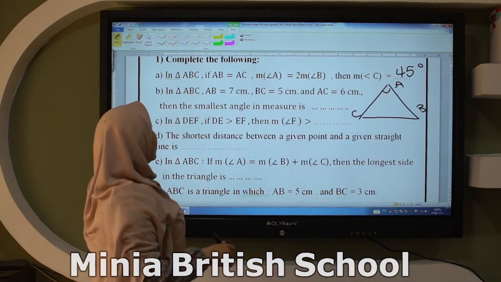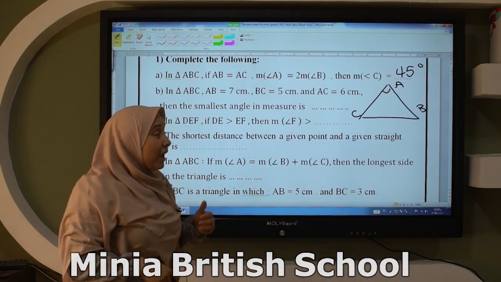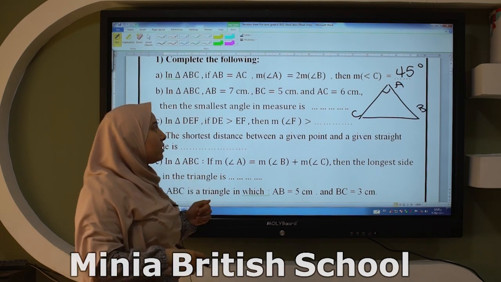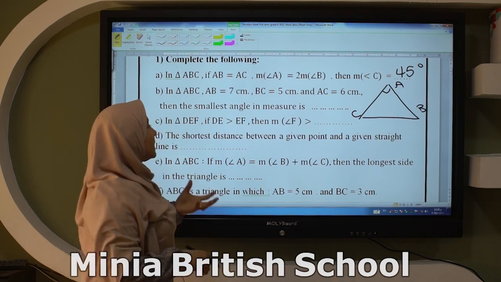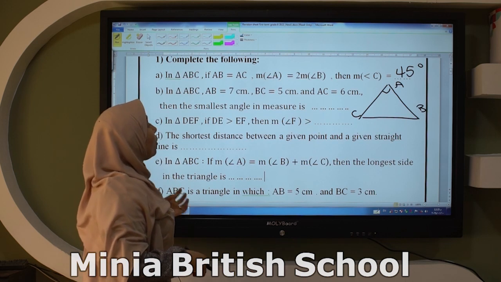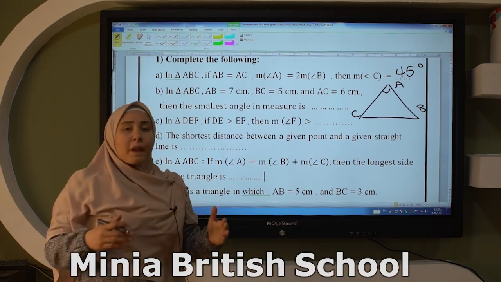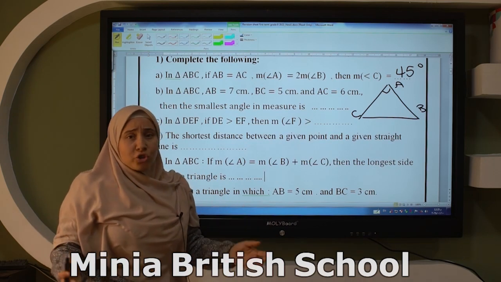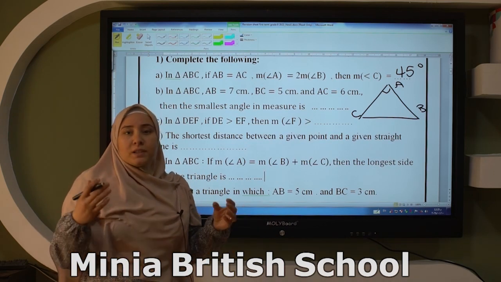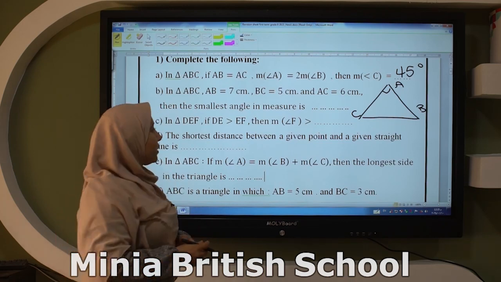The second one: in the triangle ABC, if AB is 7 cm, BC is 5 cm, and AC equals 6 cm, then the smallest angle in measure equals what? We know the smallest angle in measure is opposite to the smallest side in length.